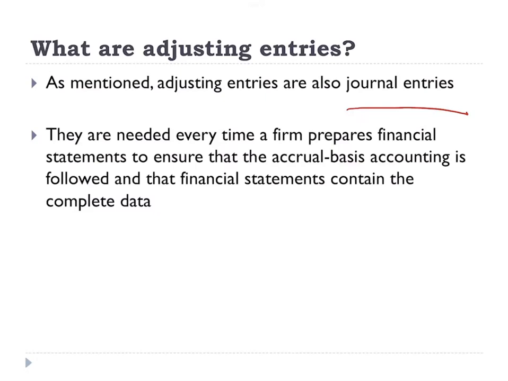The purpose is to ensure that accrual-based accounting is followed and the financial statement contains complete information. Let me give you some examples of adjusting entries, and I'm also going to explain why we have those entries as a result of accrual-based accounting.